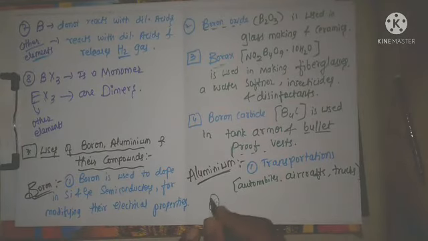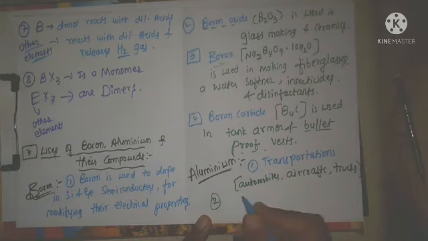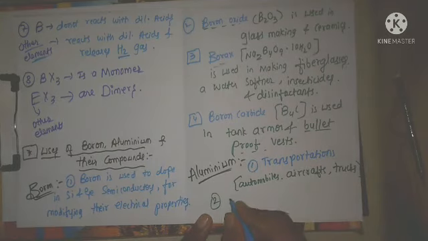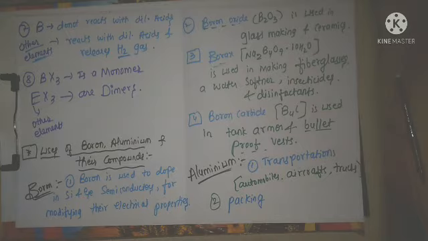Second one is for packing. If you want to pack food, they use aluminium papers, right, for packing food or some other packing. Aluminium is used. Now next, the third one. Third use of aluminium is alum.